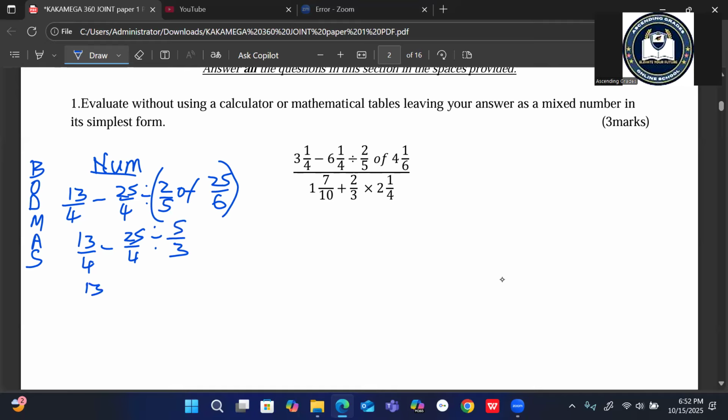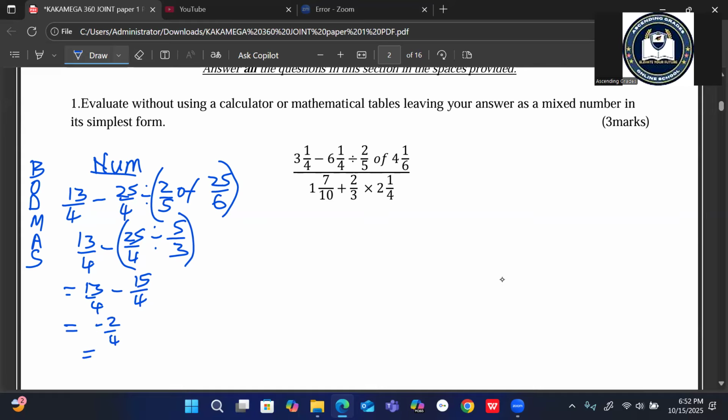From 'of' we go to division: 25/4 divided by 5/3 will give 15/4. So 13/4 minus 15/4 will get -2/4, which is -1/2. So that is the solution of the numerator.